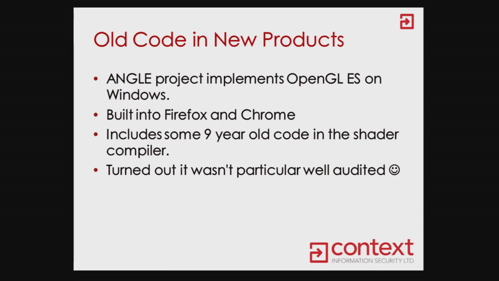Of course, this code probably was never designed for being used in a web browser or in an untrusted scenario, and it turned out it wasn't the best code audited. And so we found a number of issues which have been pushed through and fixed in Angle or fixed in Firefox. Basically allows potential for remote code execution, heap overflows, all that sort of thing. And just because of trying to get it there as quickly as possible, we've just thrown in some 9-year-old code.